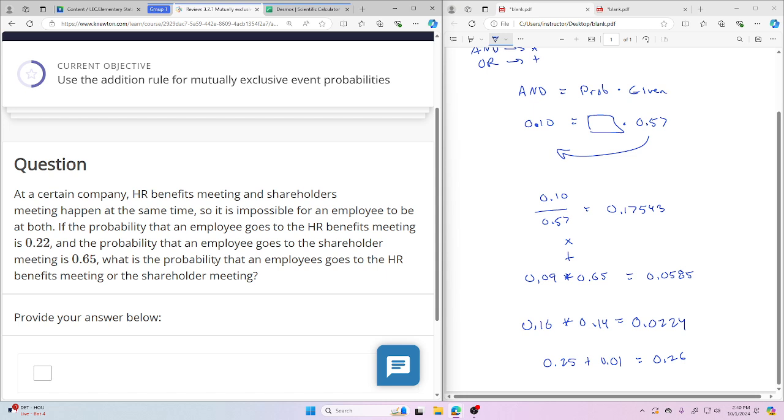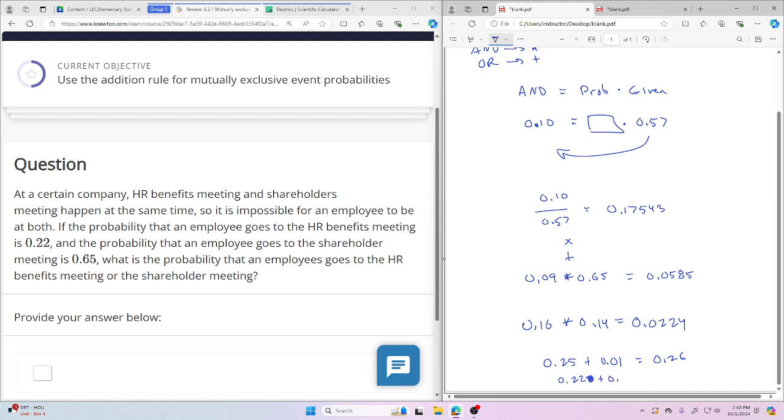Certain company, HR benefits, this and that, probability of this, probability of that, probability of or. There it is, keyword or. Okay. Or means add.